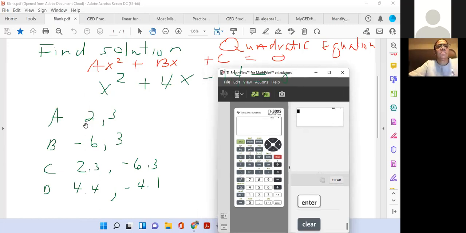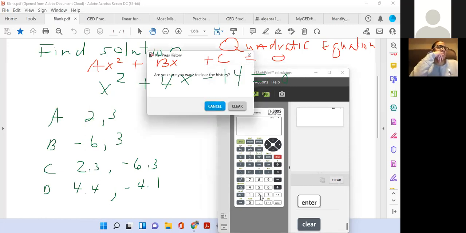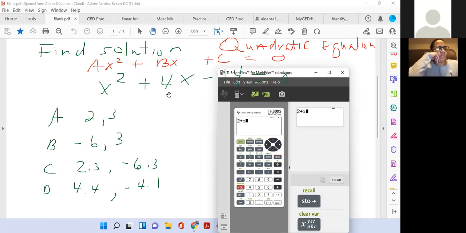So for example, let's look at A. A is 2. So let me clear everything out. 2 store X, and we're going to put in the quadratic formula: X squared plus 4X minus 14. If 2 is a solution, we should get 0.